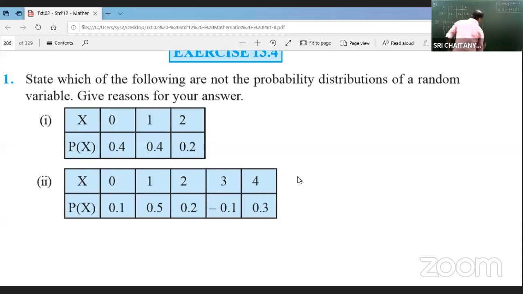It is not possible. Why? Because the probability of any event should lie between 0 and 1. So it is negative, it is not possible. Therefore, the given distribution is not a probability distribution. Take it down.